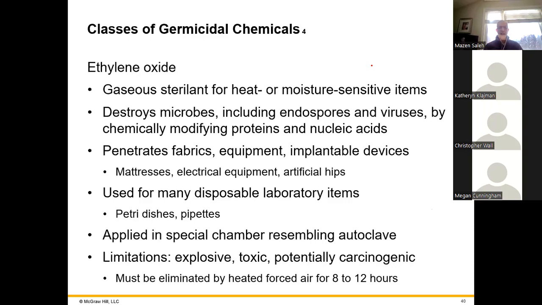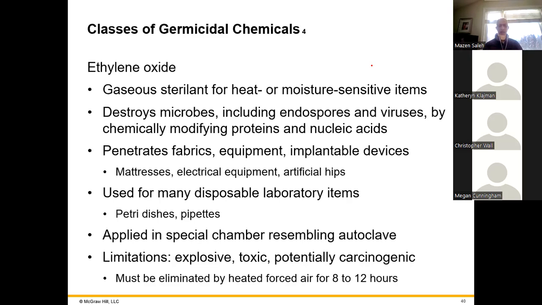Next one is ethylene oxide. Ethylene oxide is a gaseous chemical, and it's quite effective. It is in fact a sterilant, and it can be used to sterilize heat or moisture sensitive items. It does destroy endospores, which means it can destroy all other forms of microbes, because the endospores are the more resistant form.